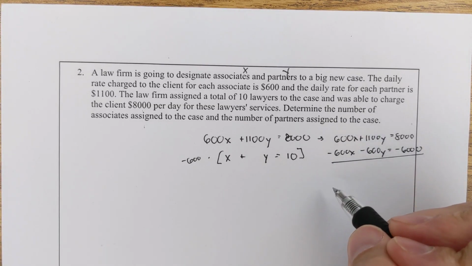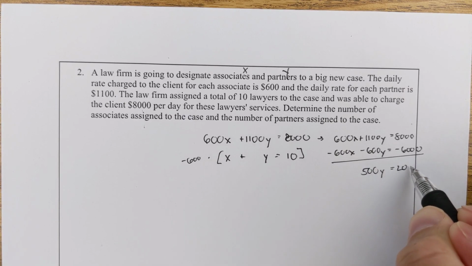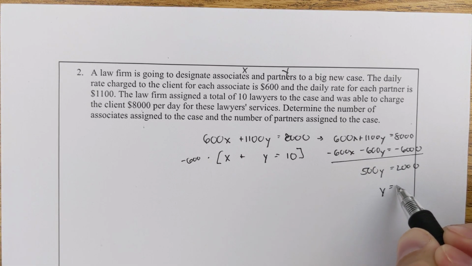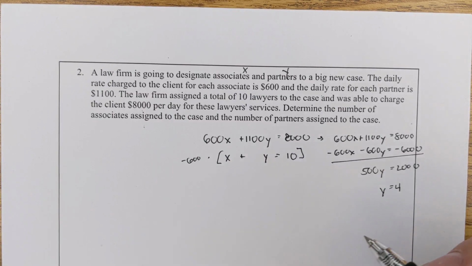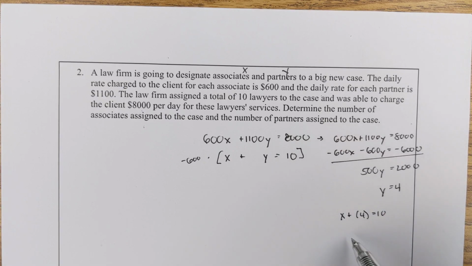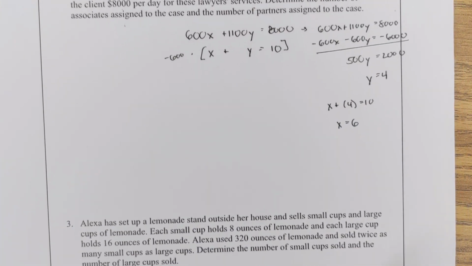So when we add down, x's cancel. 500y equals 2,000. Divide by 500 and I get 4. So to find x, we just do our substitution. So subtract the 4 across, 6. Now for this substitution step, for some cases you can use your common sense. Like I know that I need 10 people total, 4 of them are the y value, which means the other 6 have to be the x.